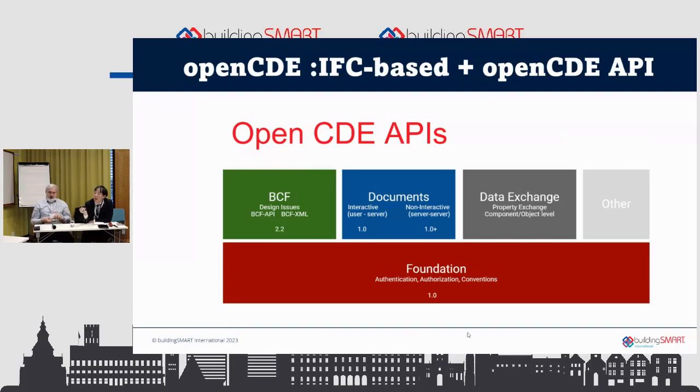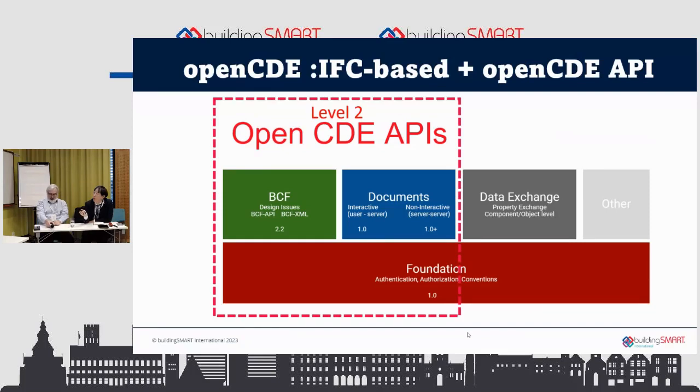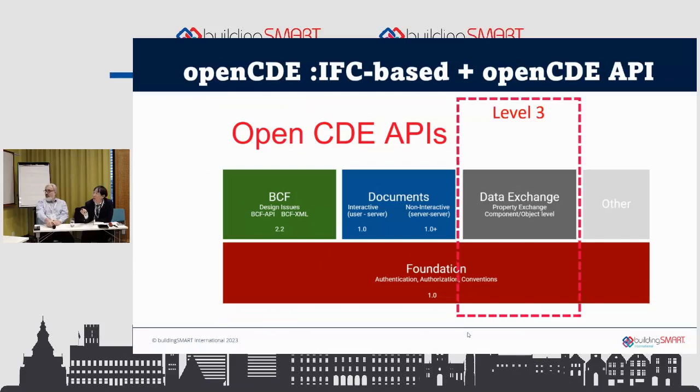That is the definition and specification of 2.2. So the OpenCDE API with the BCF and documents functions is for level 2. It means the file-based CDE. And level 3 starts from 2020.